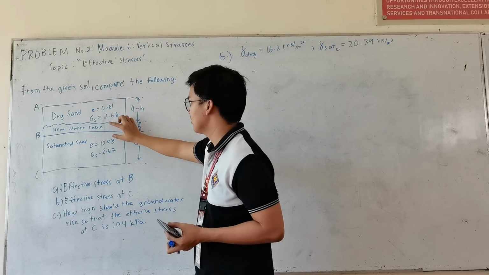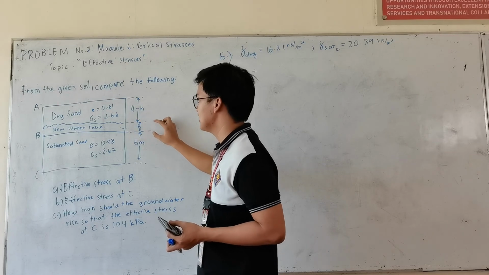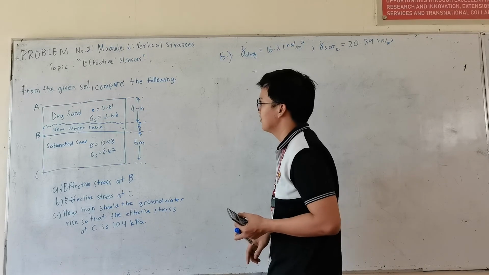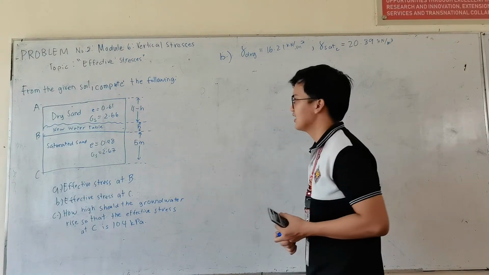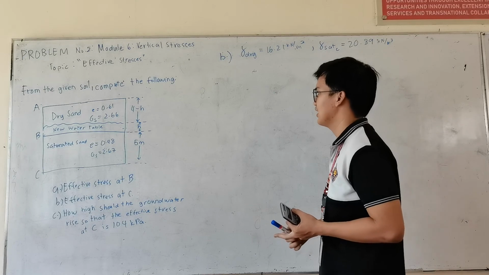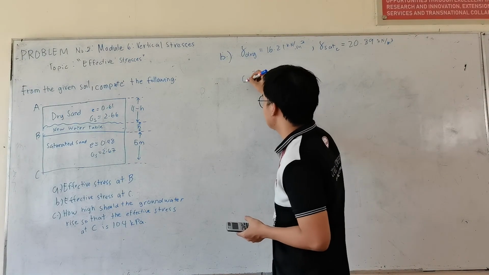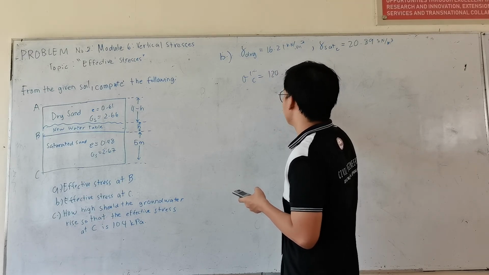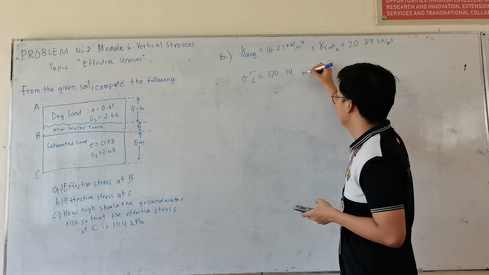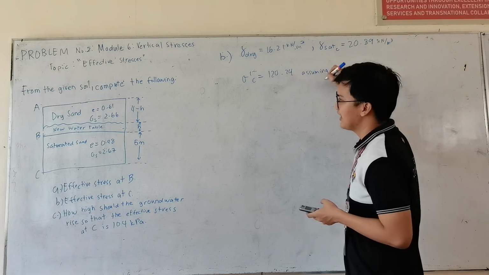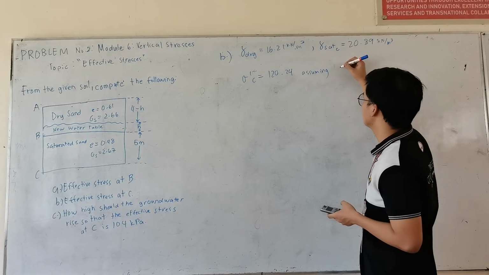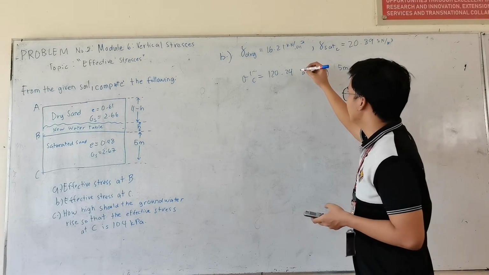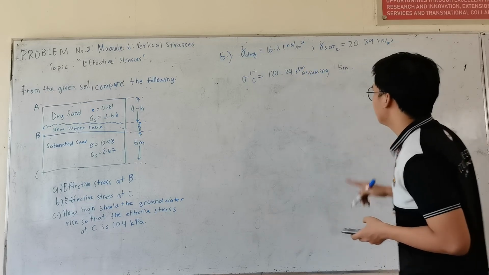Meron tayong new water table na may thickness na nirepresent ko as H. Tapos sa dry side naman, nirepresent ko siya ng 4 minus H. So kung mapapansin natin, yung effective stress natin sa C is 120.24, assuming na yung height ng ating water table is 5 meters.